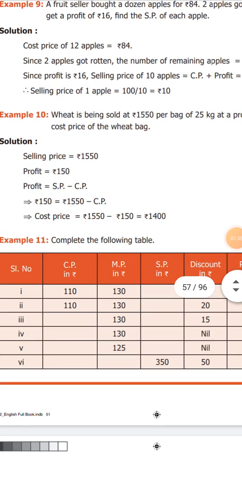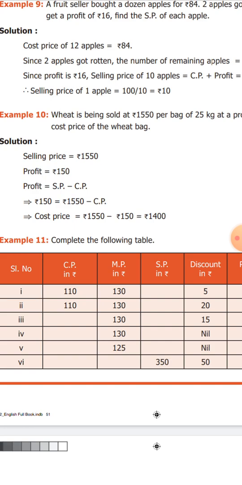So CP means what? Cost price. MP means what? MP means marked price. What does it mean? For example, if you go to the shop and want to buy a Boost box, on that Boost box there is a marked price, the MRP, correct? Suppose the marked price is 150, but the shopkeeper sells it for 110.